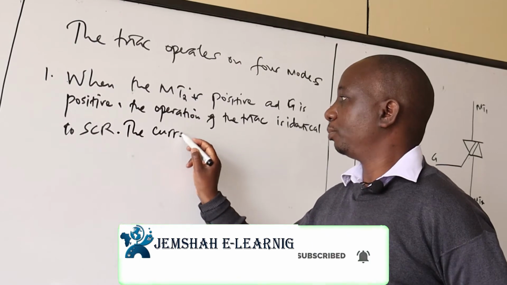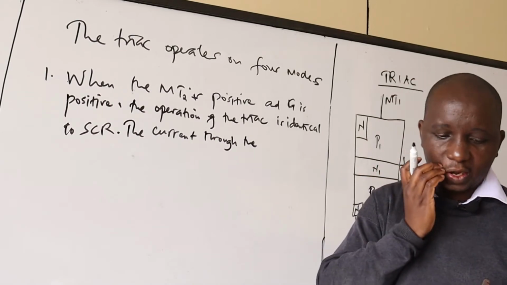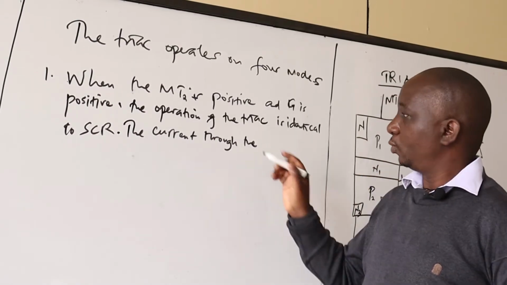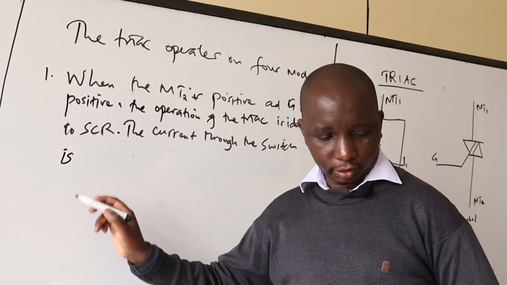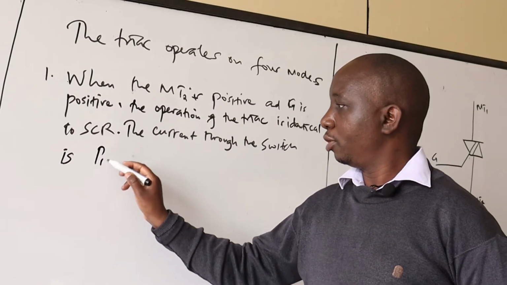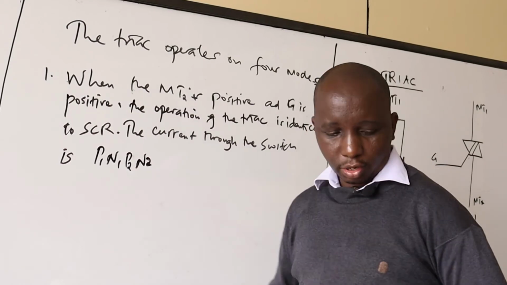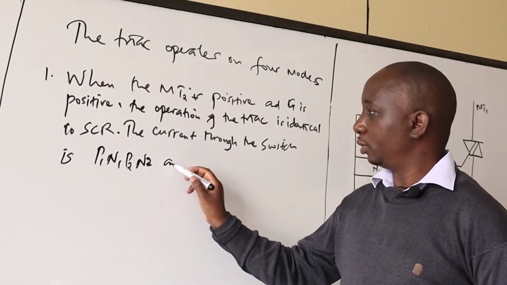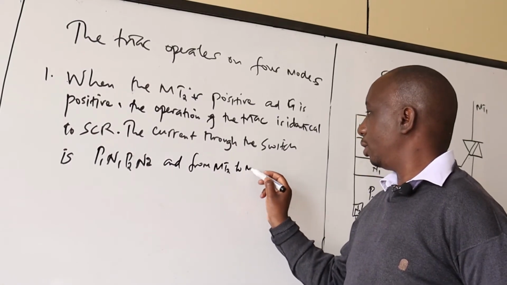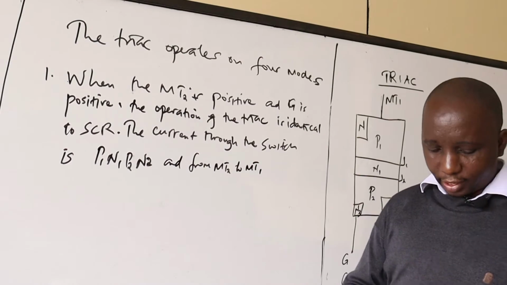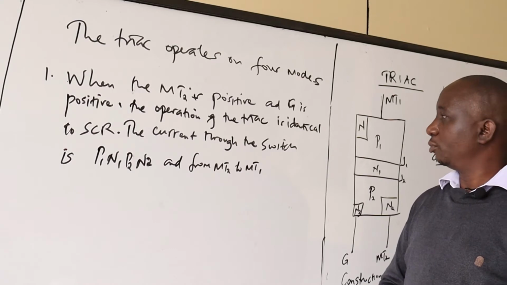The current through the switch is given as P1, N1, P2, N2, and from MT2 to MT1. So we have done with the first mode of the four modes.